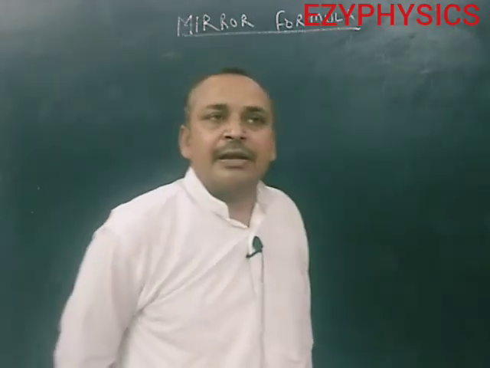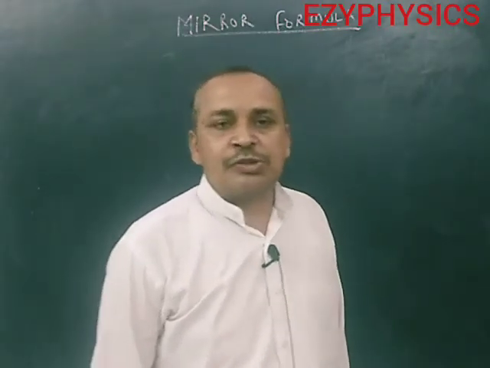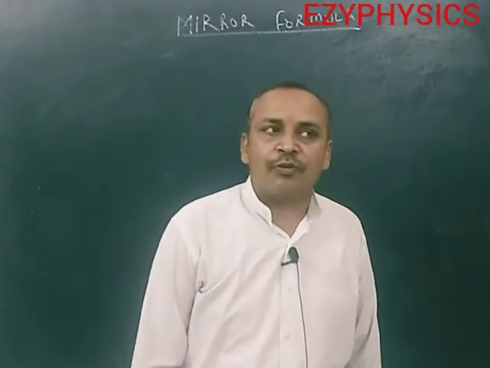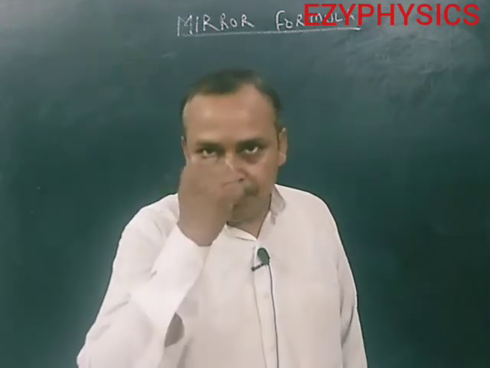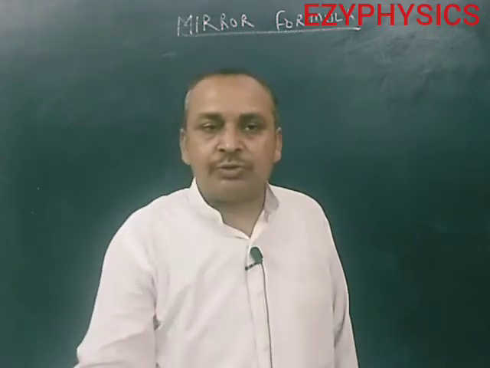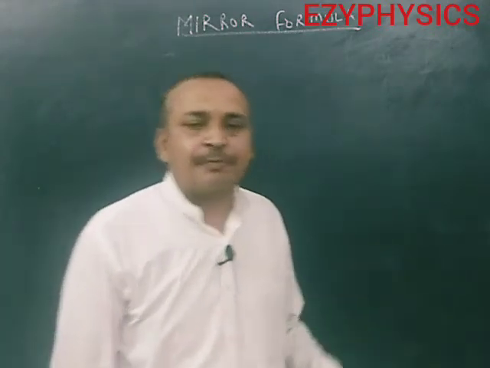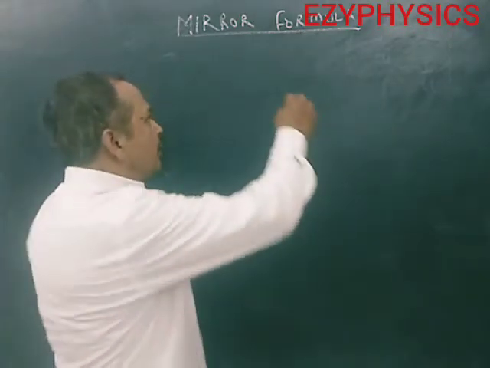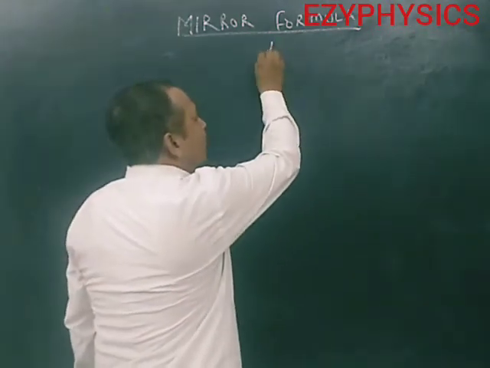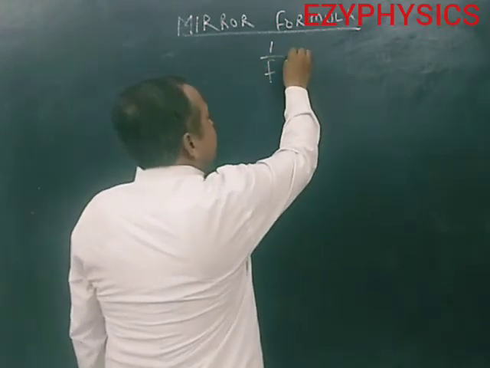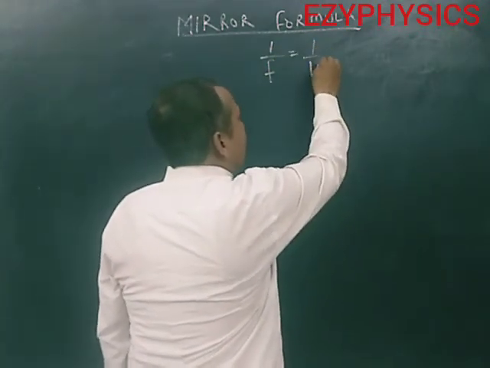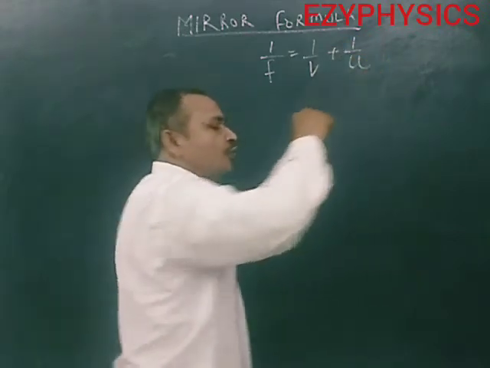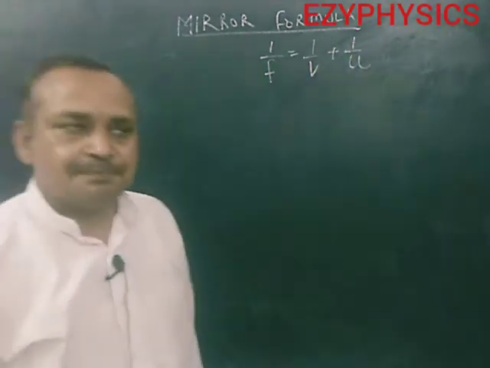In class 10th, we were using this mirror formula to solve a couple of numericals, and now we are going to understand in this lecture how that particular mirror formula, which is 1/f = 1/v + 1/u, was derived.